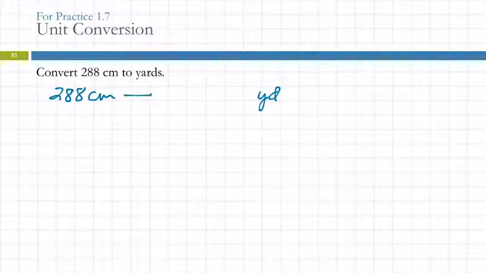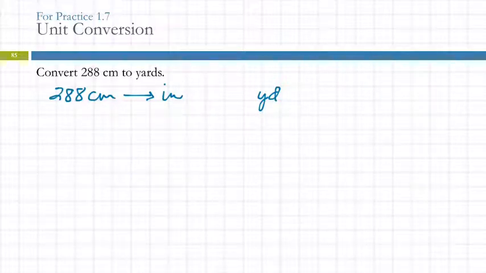Because I can go from centimeters to inches. That's a relationship you should have memorized. Now, from inches to yards, some people might go inches to feet and feet to yards. Other people might say, well, I know there's 36 inches in a yard, so I'm going to go straight from inches to yards. Both of them are fine.